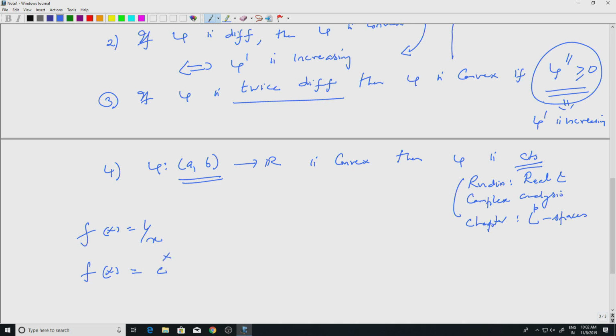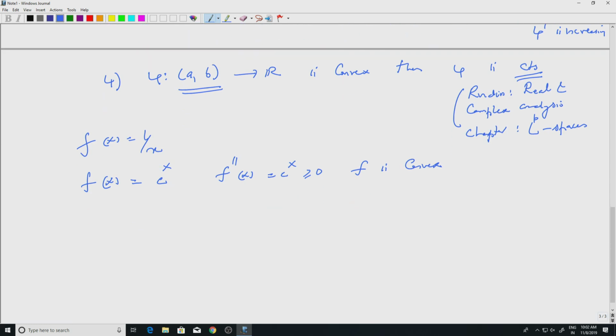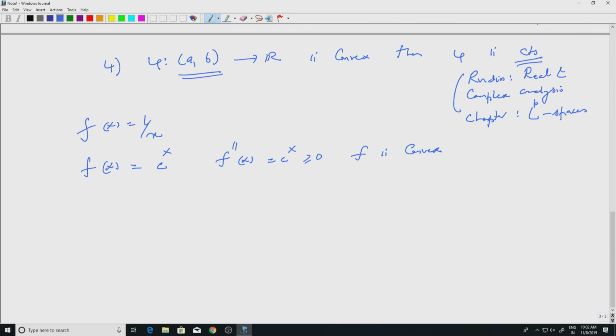If you draw the graph, you will see that it is convex, but you can also check that the second derivative is e to the x itself, which is positive. So f is convex. So which functions are convex can sometimes be easily checked by taking derivatives, and we will use these techniques sometimes.